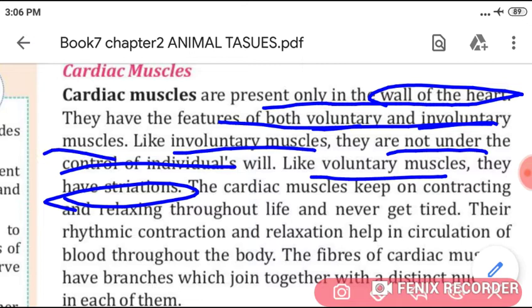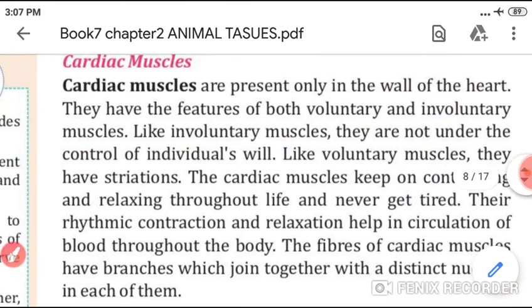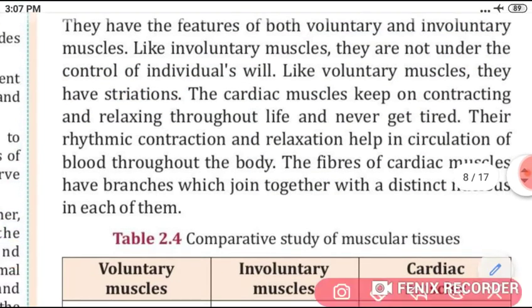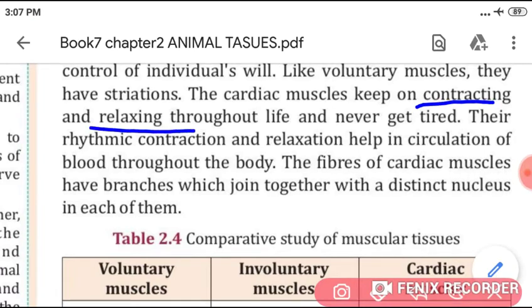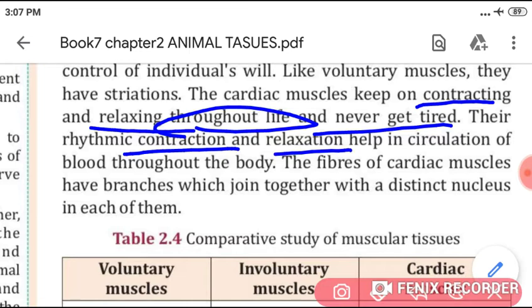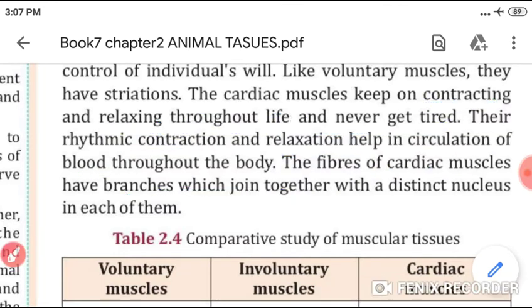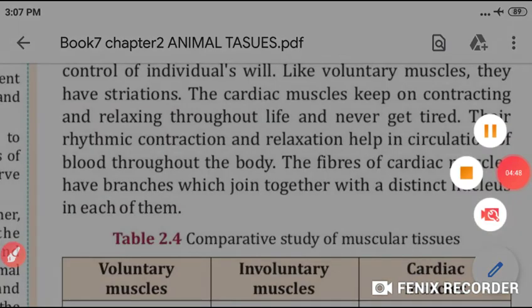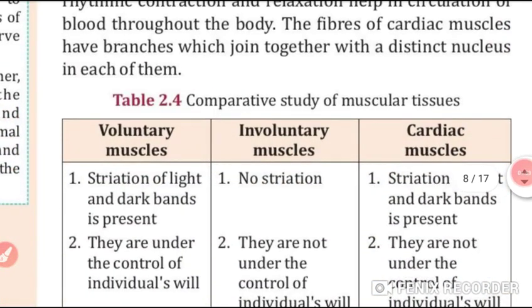The cardiac muscles keep contracting and relaxing throughout life and never get tired. Their rhythmic contraction and relaxation help the circulation of blood throughout our body. Okay, students, the fibers of these cardiac muscles have branches which join together, with a distinct nucleus in each of them.